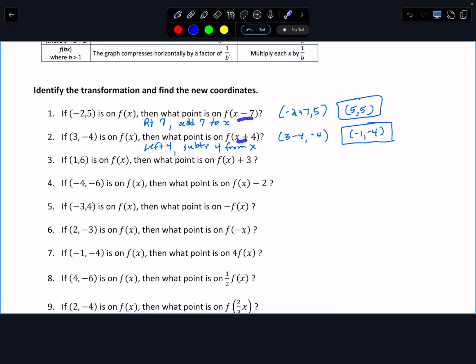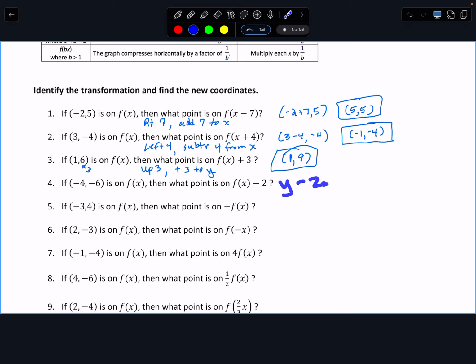And you are going to add 3 to the y coordinate. And so we're going to take the y coordinate and add 3, and it becomes 1, 9. And here this should be thought of as y minus 2.